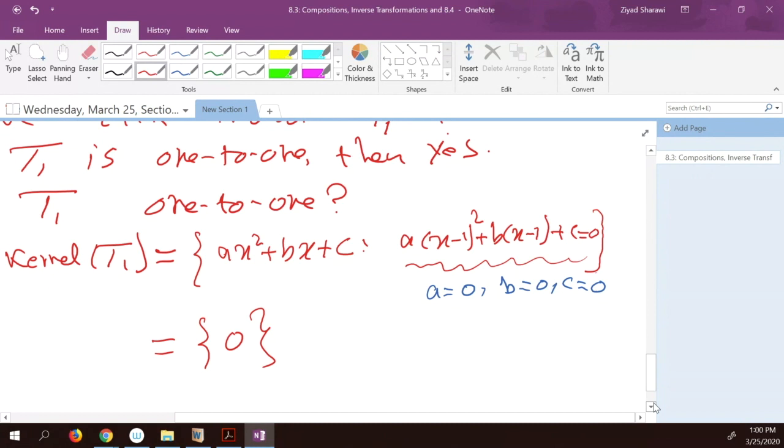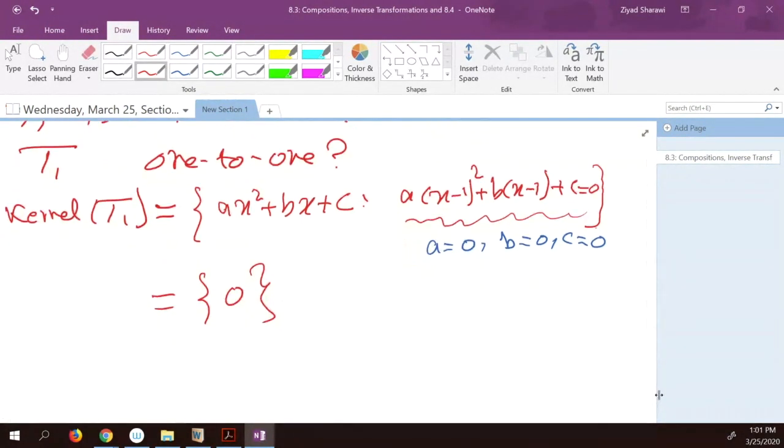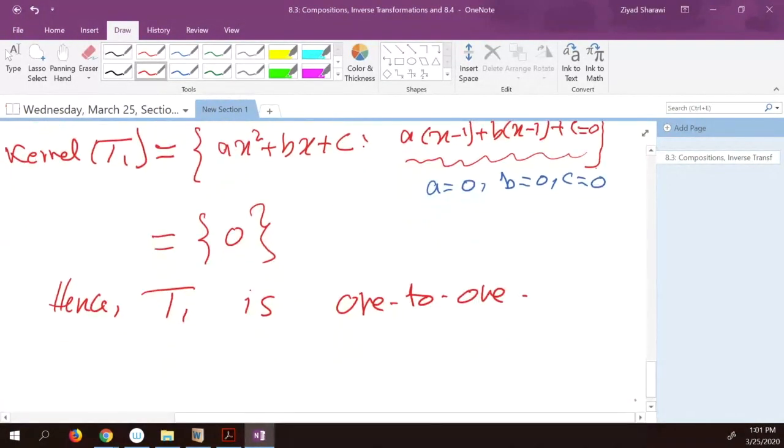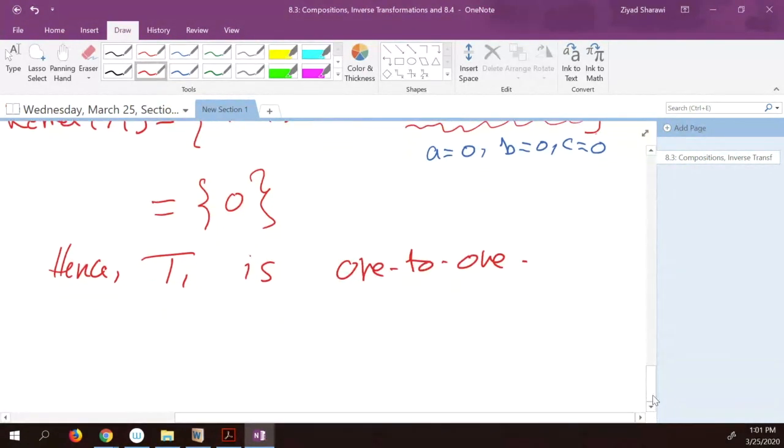Is it clear why? Okay? So that is the kernel. Hence, T1 is 1 to 1, because the kernel is the trivial subspace.